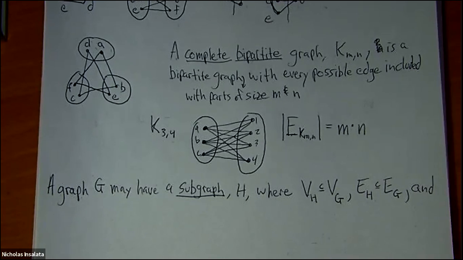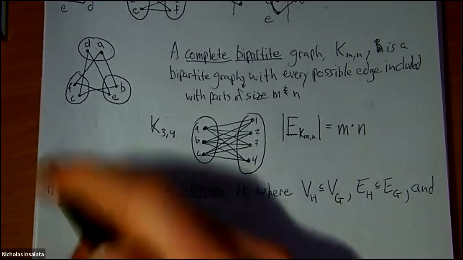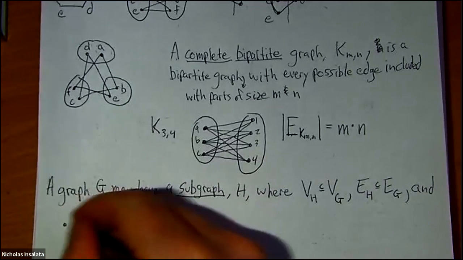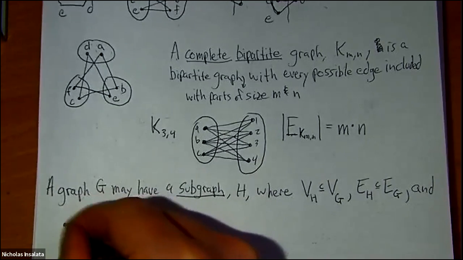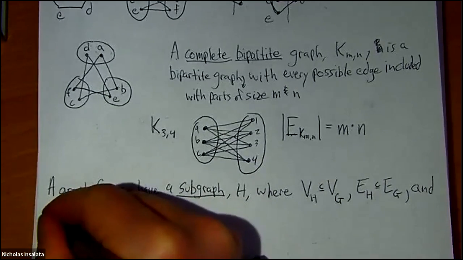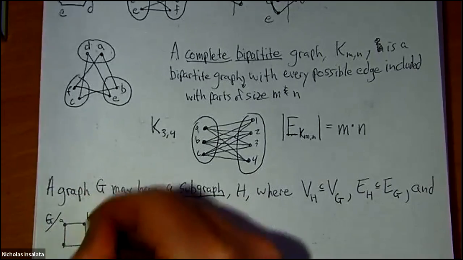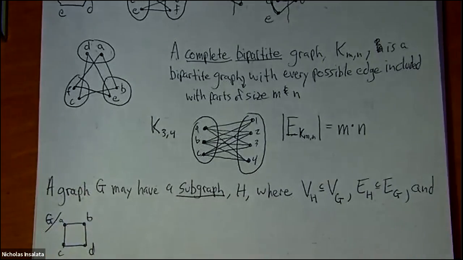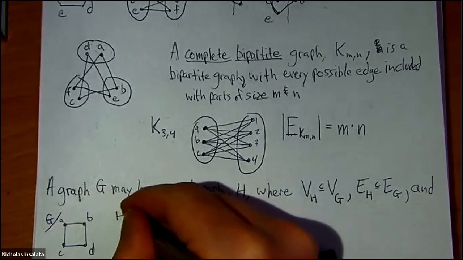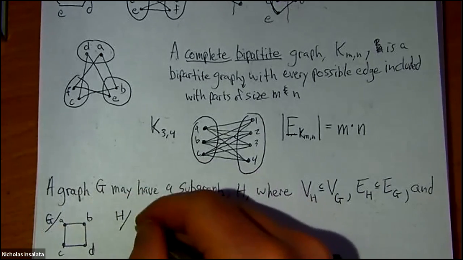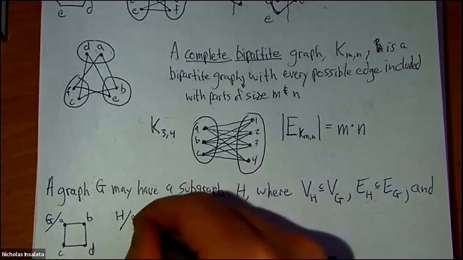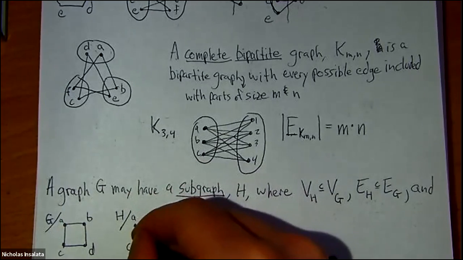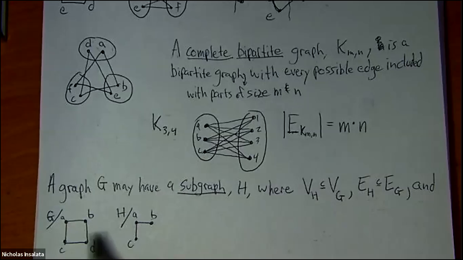Good, right? Because what if I did this? I have my graph G. Here's my graph G. Square graph ABCD, right? And here's my subgraph H, looks like this. And if I do this, A connects to B and A connects to C, I'm good. This is part of the graph of H.